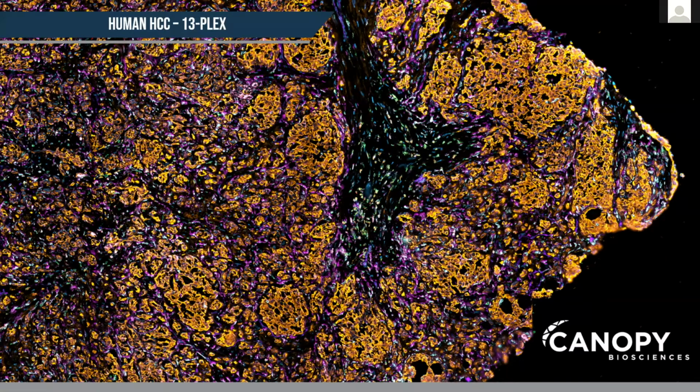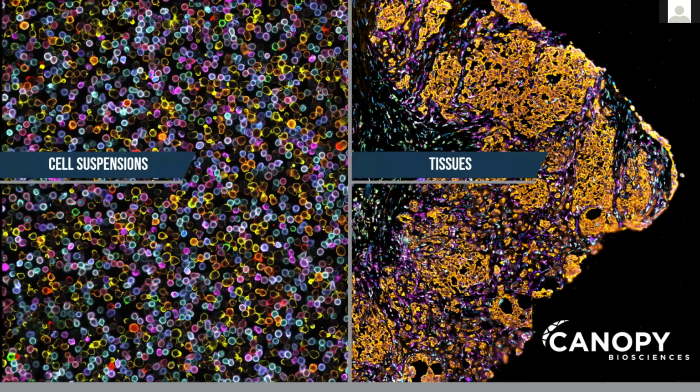And what's nice about it is that it's flexible in the sense that we can interrogate multiple different sample types, including cell suspensions like PBMCs, but also tissue samples, and retain that spatial morphology. And the tissue applications is what I'm going to primarily focus on today, sprinkling in a little bit of information about the cell suspension applications as well.